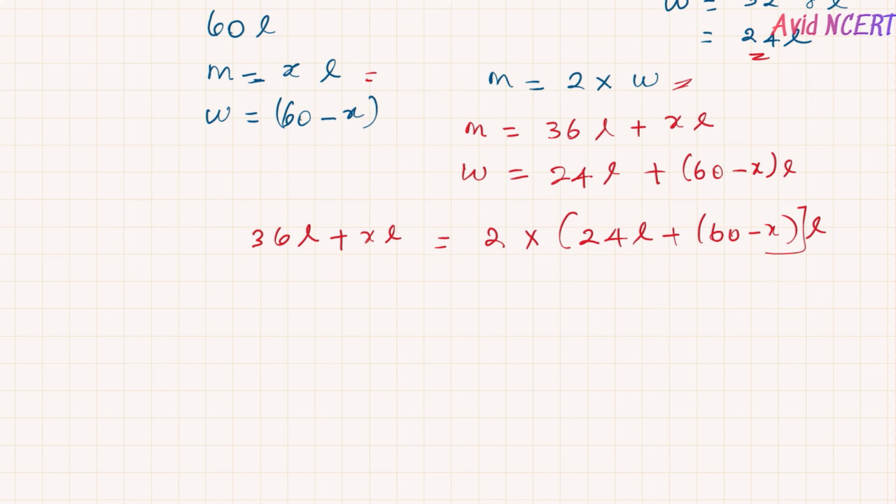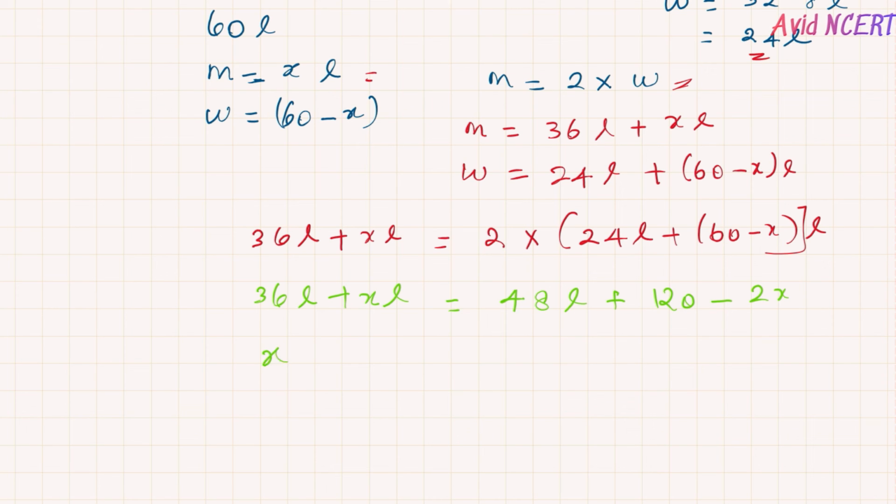Let's solve it together. Just rearranging the equation, I think this should be pretty easy. So 36 liters plus X liters equals 2 times 24 is 48 plus 2 times 60 is 120 minus 2 times X is 2X. Let's group the X together and the remaining together.